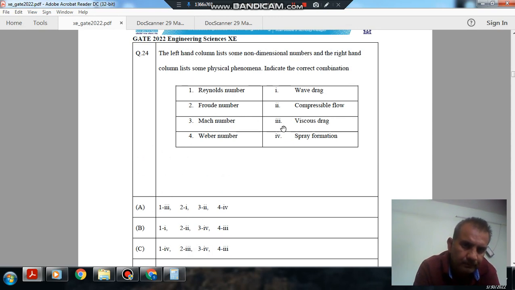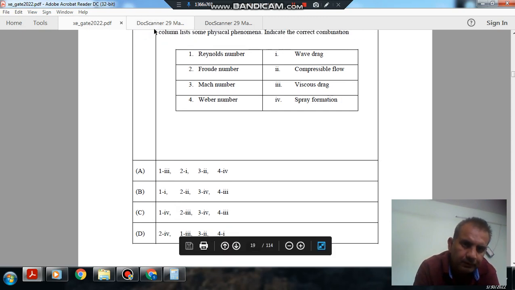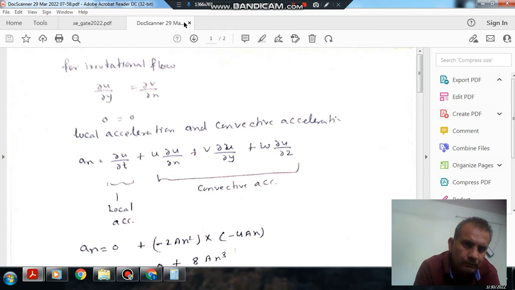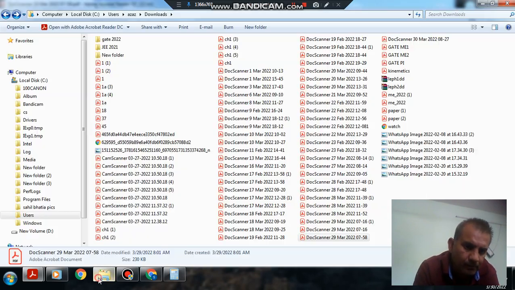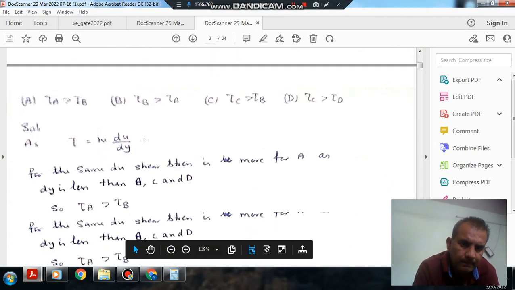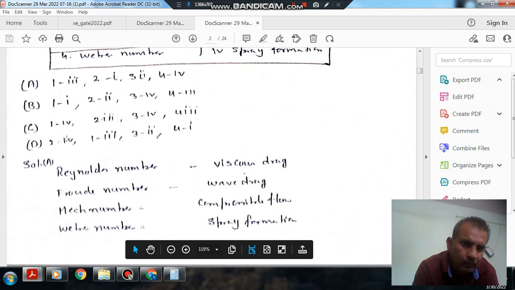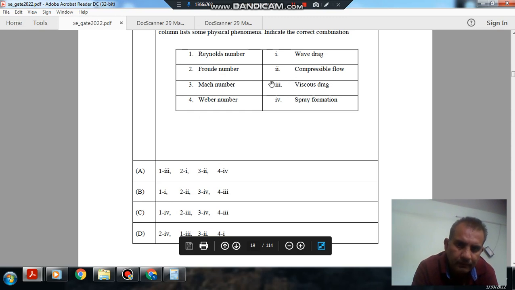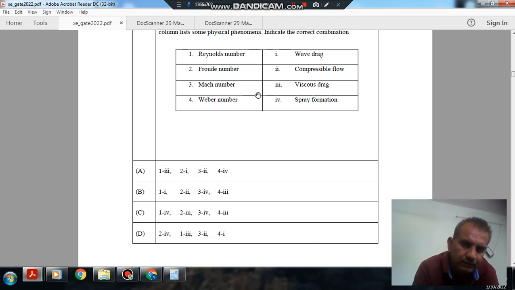So 1 is related to 3, and this is only in option A. So the answer is option A. The Reynolds number is related to viscous drag, and Froude number is related to wave drag, and Mach number is related to compressible flow, and Weber number is related to spray formation.